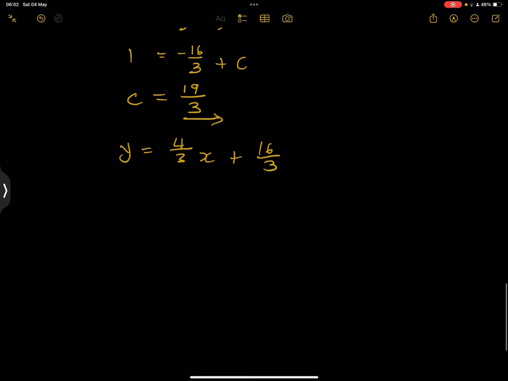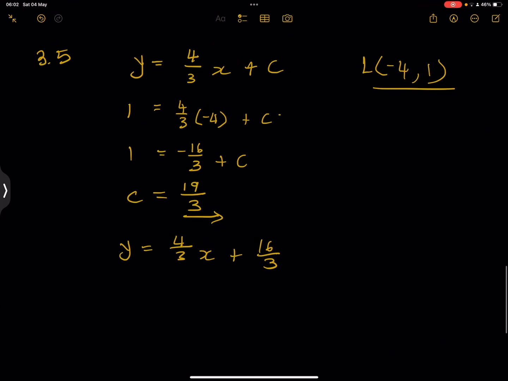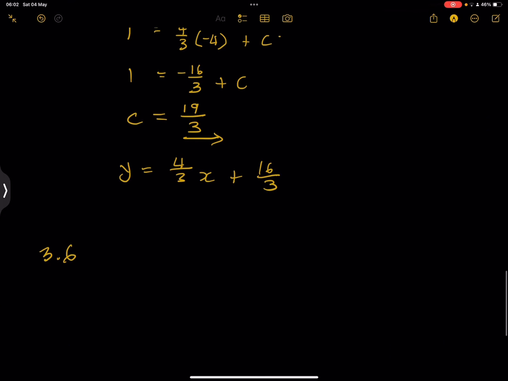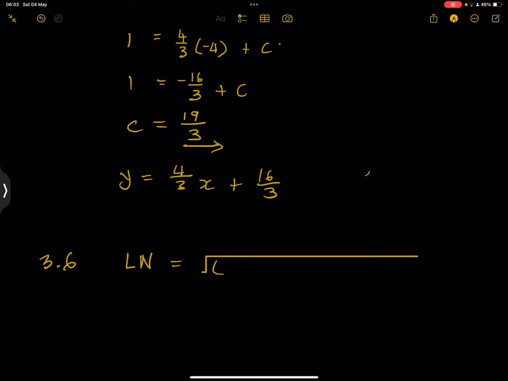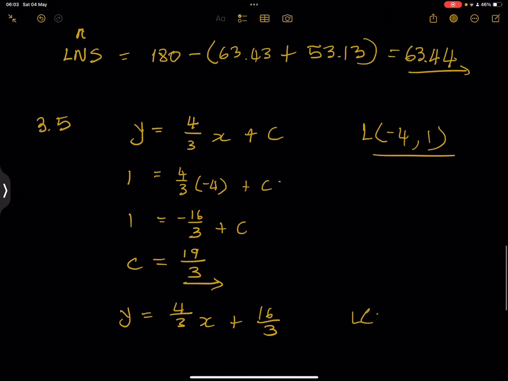Okay, so firstly, for our 3.6, I'm going to find the length LN. Remember, that's x2. So remember our coordinates for L, that's 4, -4 and 1.